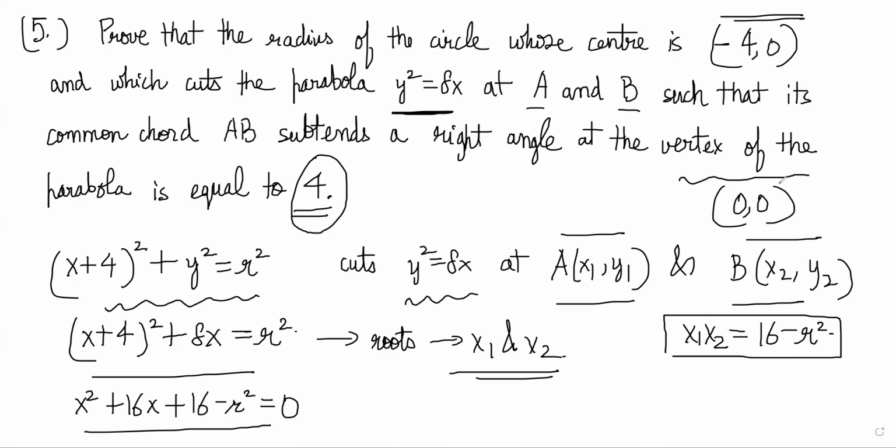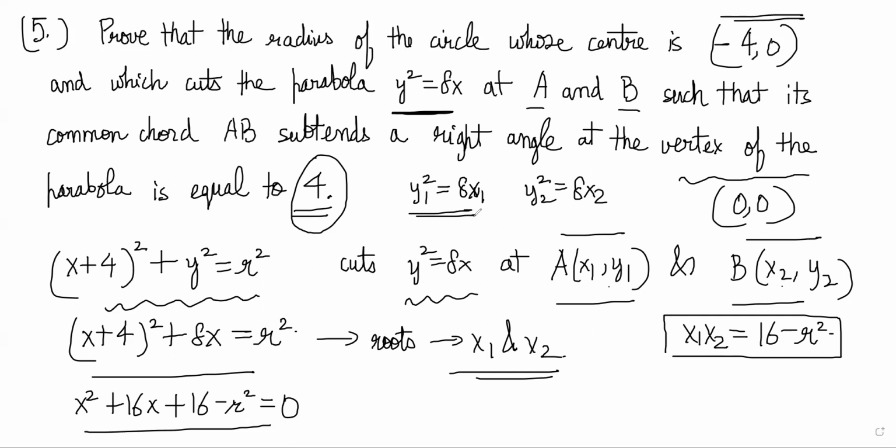right? And obviously, we also know that y1² = 8x1 and y2² = 8x2. So the points y1 and y2 would be plus minus root 2 x1, right?